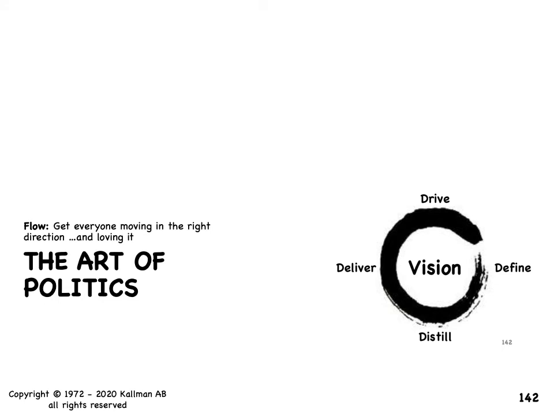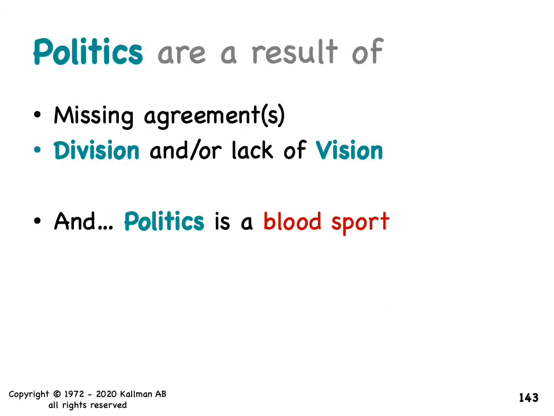The art of politics is the art of war. And as we just shared in the last section, there are reasons for politics. And we're going to go through some of the additional items that are included in politics. Usually, politics are a result of missing agreements.